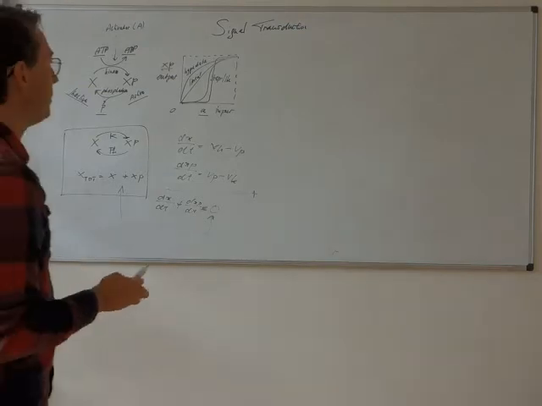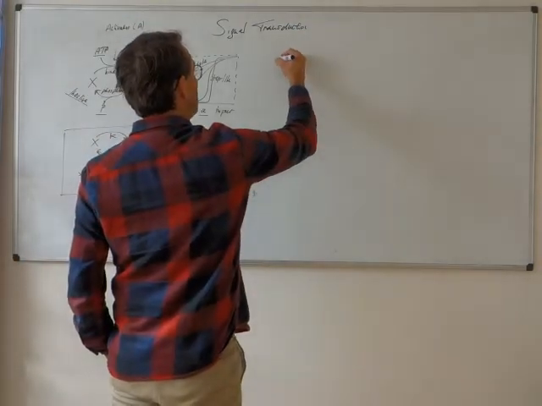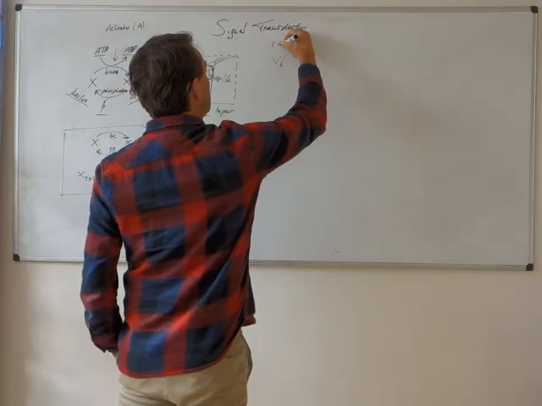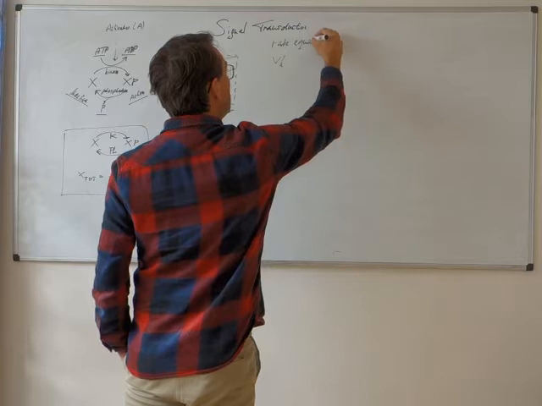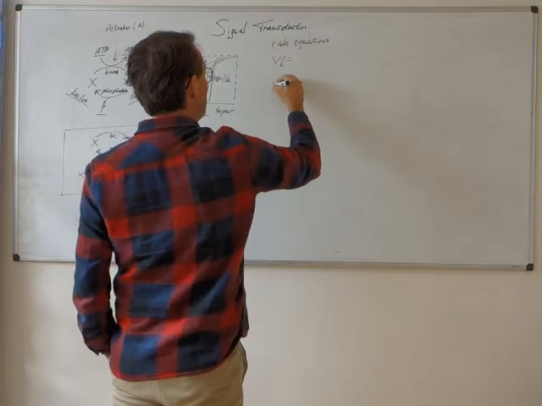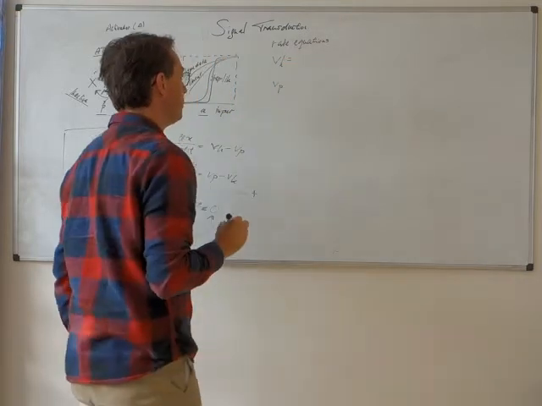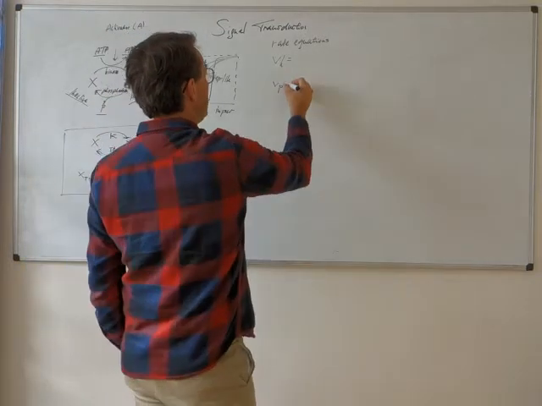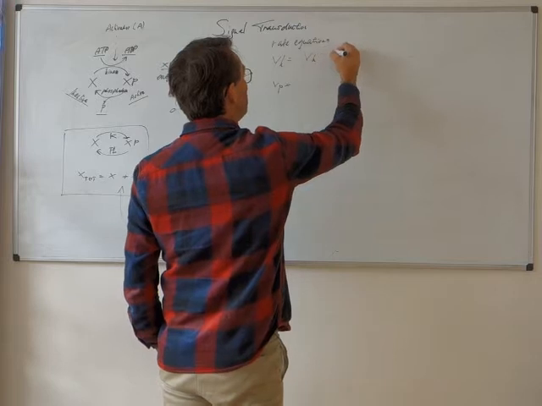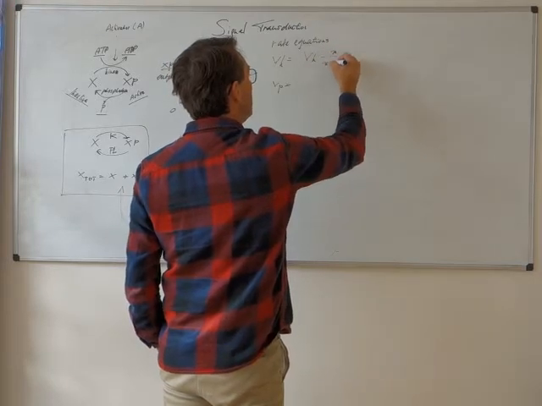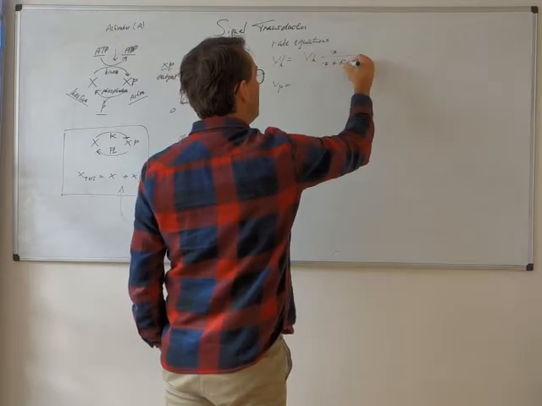The next thing we need to think about is what will be the kinetic rate equations for the kinase and for the phosphatase. Here, since the kinase and phosphatase are enzymes, we need to consider enzyme kinetics.